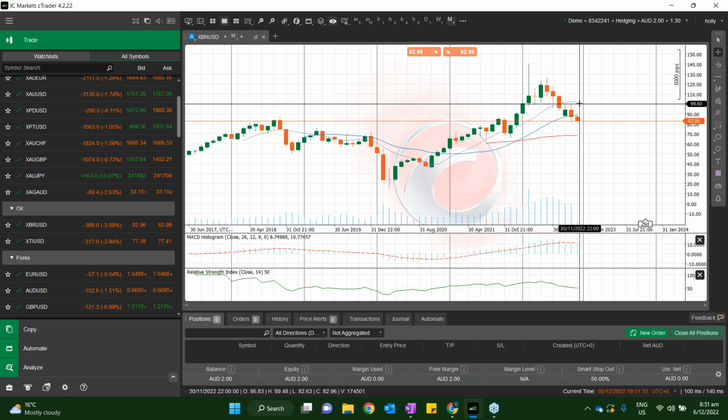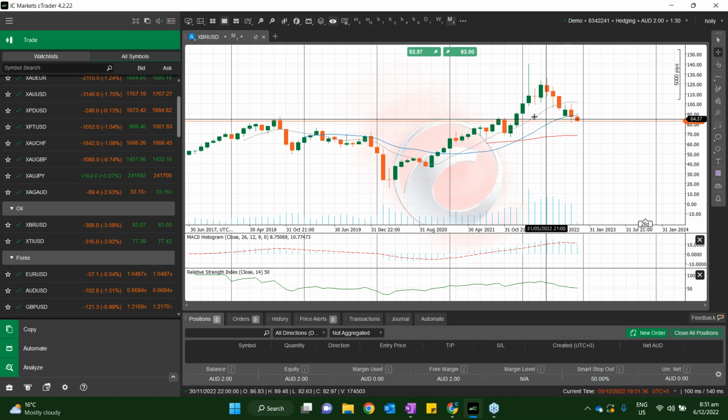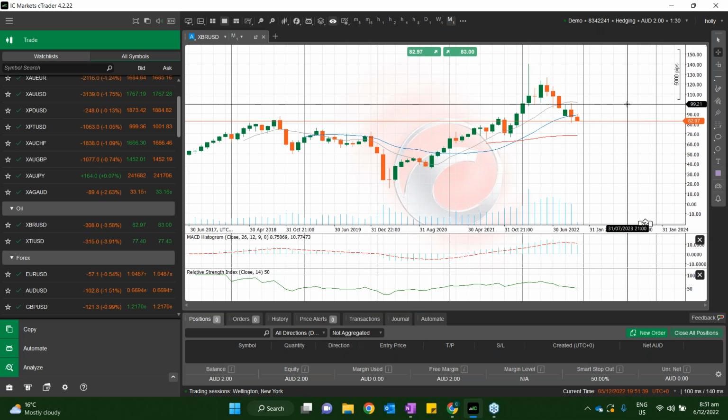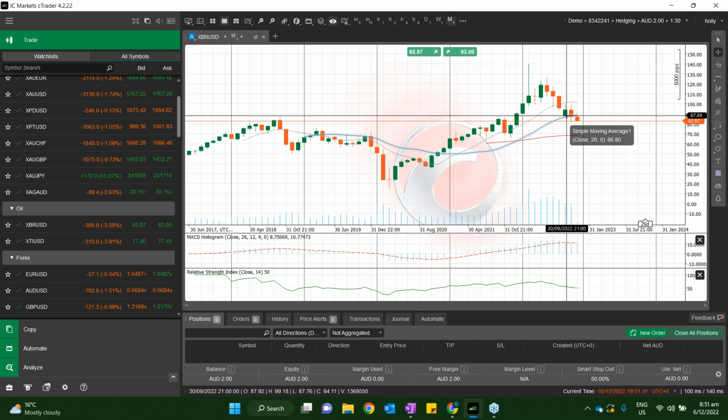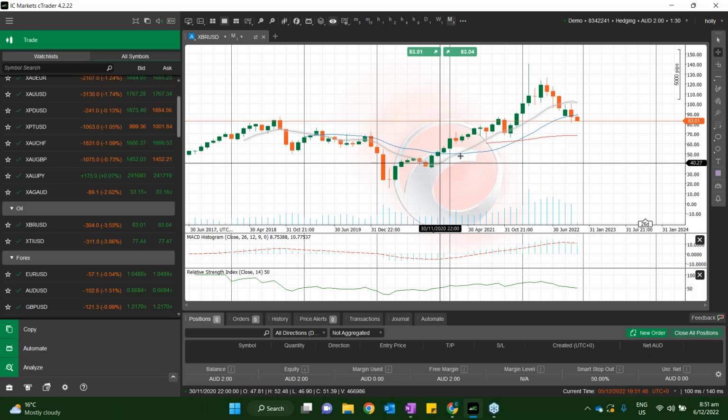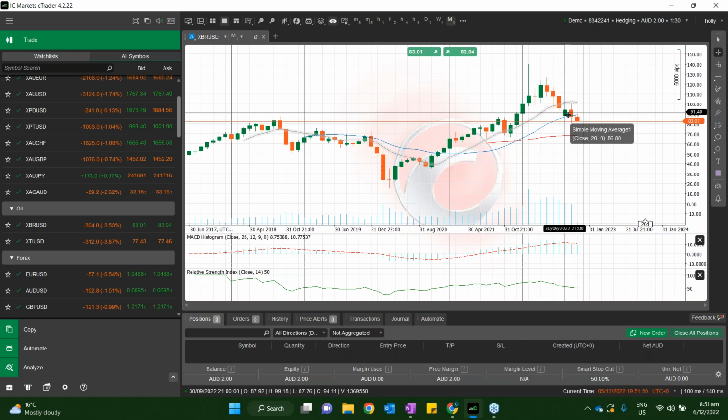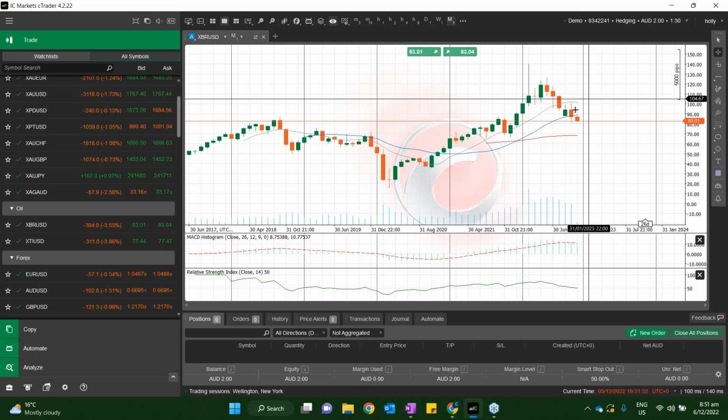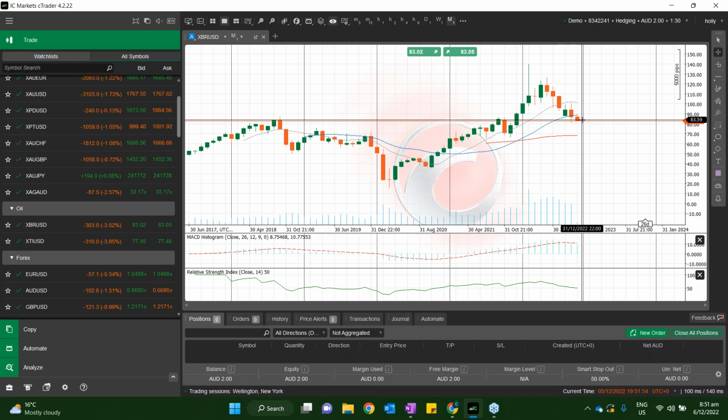I know we had this $100 level here, and that obviously is a massive level as well. But I've been expecting oil to rise for a while, and it hasn't done that. Why did I expect it to rise? Because push up, pull back, push up, pull back, you'd expect it to push up. Funnily enough, it has not done that.